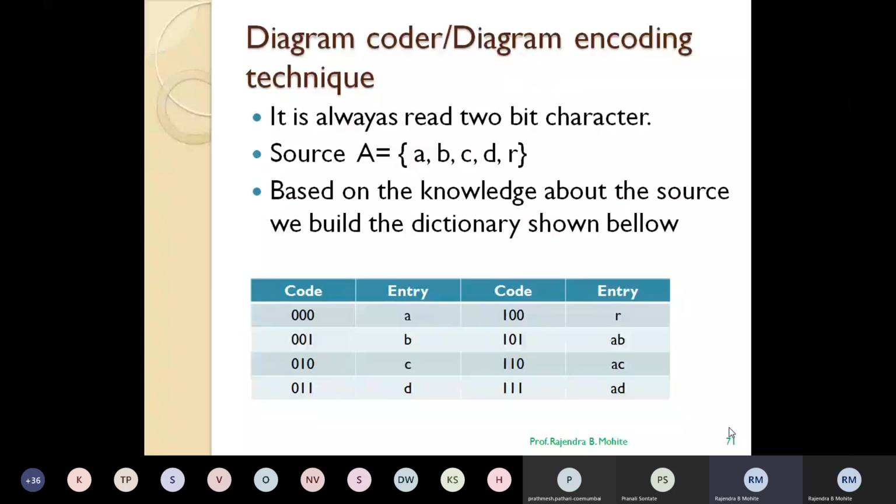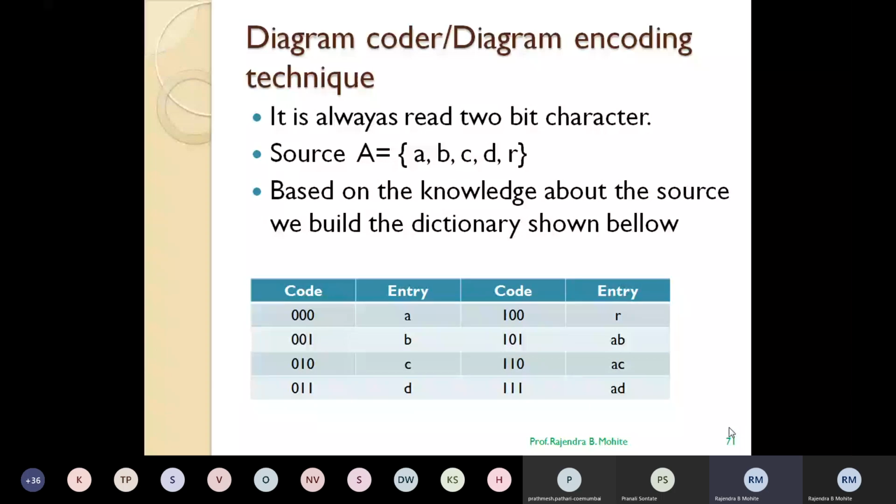If we use a diagram coder, every time the diagram coder always reads 2 characters. This is an important thing you just keep in mind. As I already said, my sequence consists of a repetition of alphabets, and those alphabets are nothing but my source A is equal to A, B, C, D, R. So there is a repetition of these 5 alphabets.